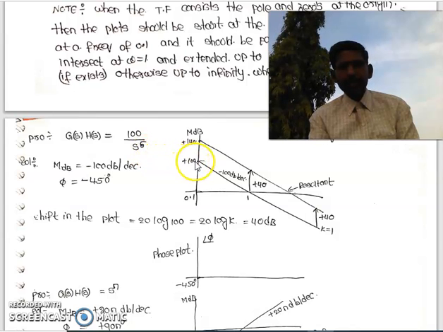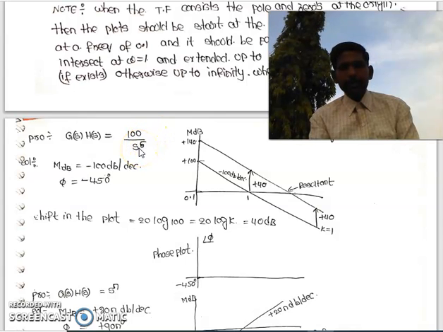So for each pole the Bode plot slope will be minus 20 dB per decade, and for each zero the Bode plot slope will be plus 20 dB per decade.